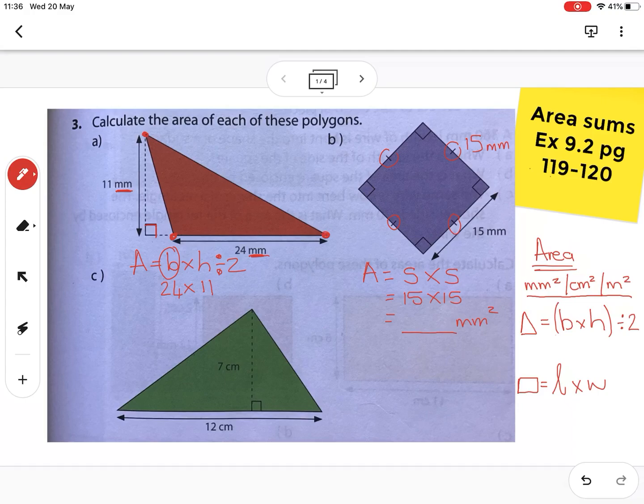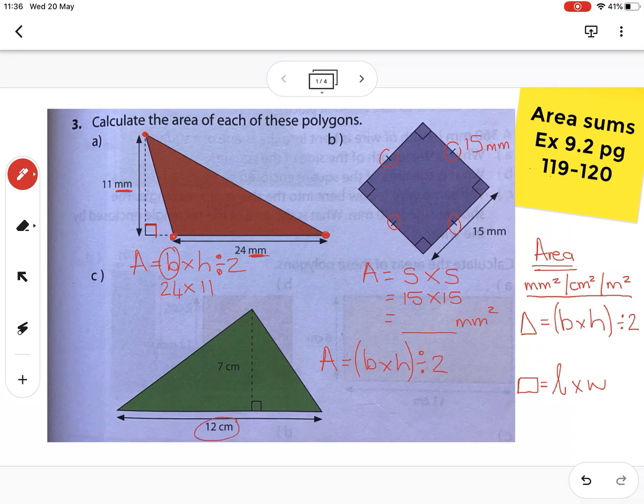Same here at A. At C, again, it's a triangle, so I need to do area equals base times height divided by 2. I sometimes put this in brackets. It's just to make it simpler, but the brackets don't really have to be there because if you think of BODMAS, times and divide, you'll just work from left to right anyway.